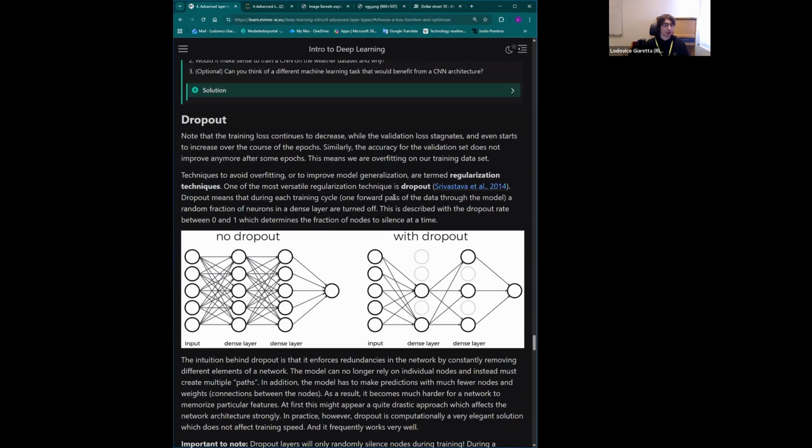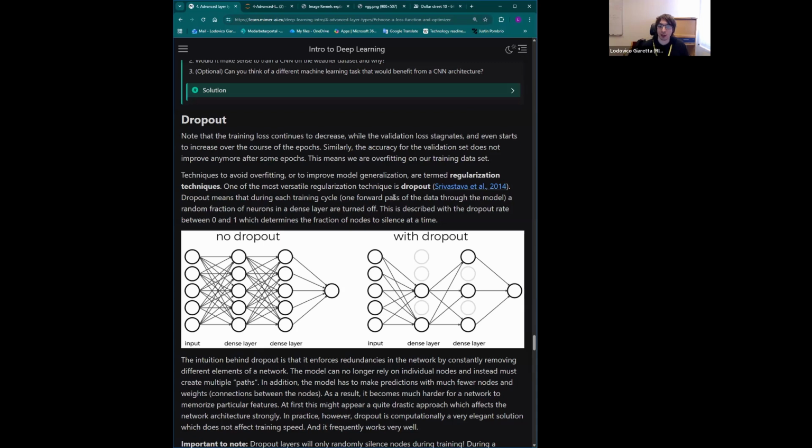So the problem that we are having is that our model is overfitting. On the train set, it's going better and better, but it's not improving on the validation set. This is showing that the model is memorizing specific training examples to become better at those.